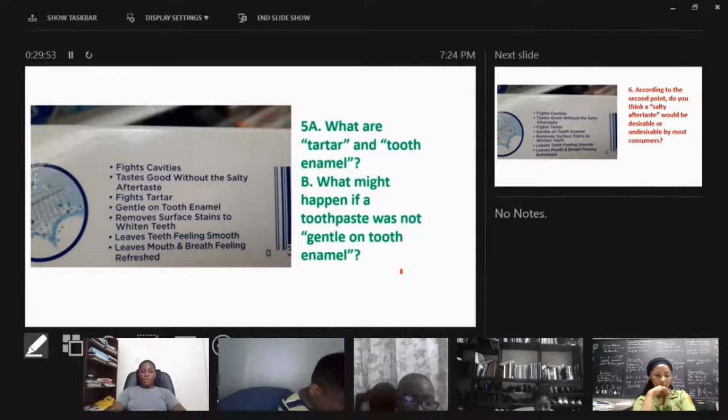Fights tartar. Gentle on tooth enamel. Removes surface stains to whiten teeth. Leaves teeth feeling smooth. Leaves mouth and breath feeling refreshed.